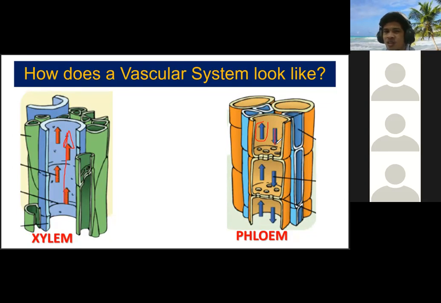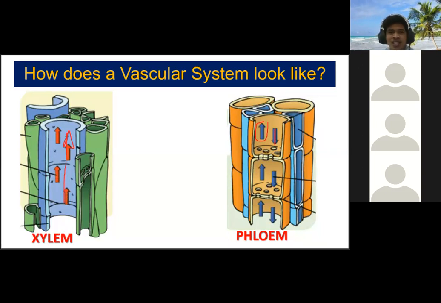Some food can also be transported upward, going to the fruits, the flowers, or different parts of the plants. Usually it's downward, from the leaves going to the different parts of the plants.